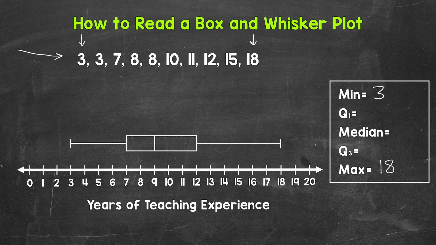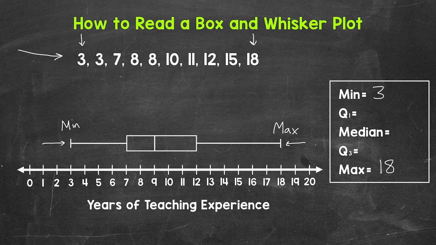So as far as the box and whisker plot, we have the minimum right here and the maximum right here. So let's label this minimum and maximum. The whiskers that extend out from the rectangle extend to the minimum and to the maximum.